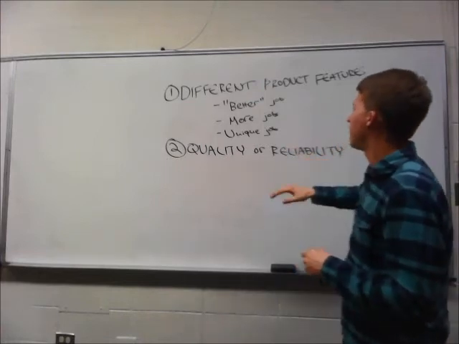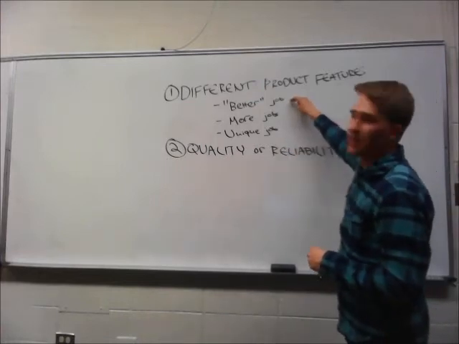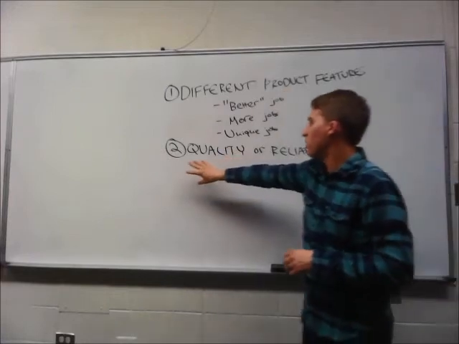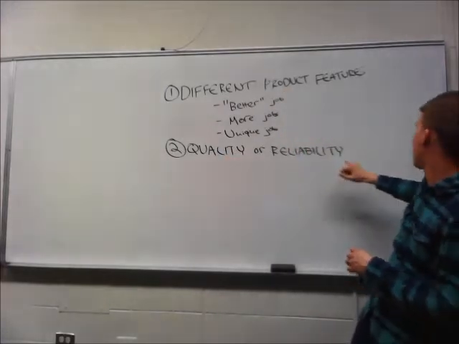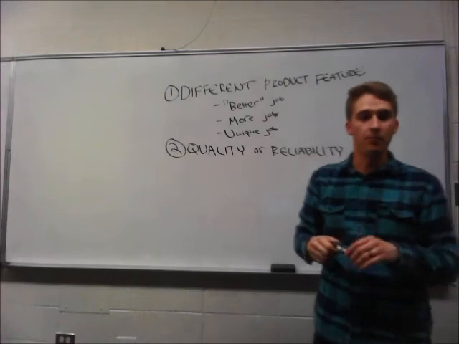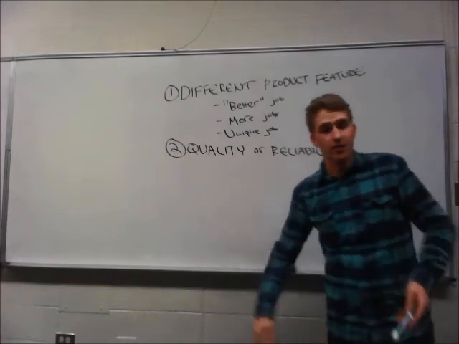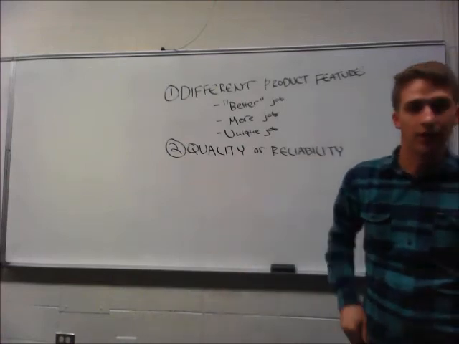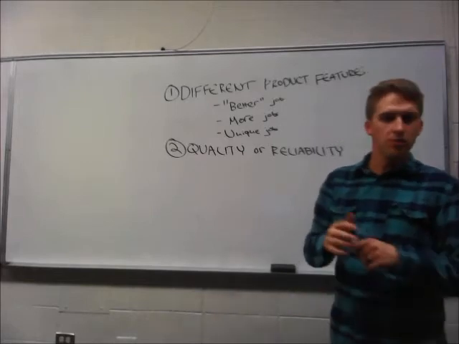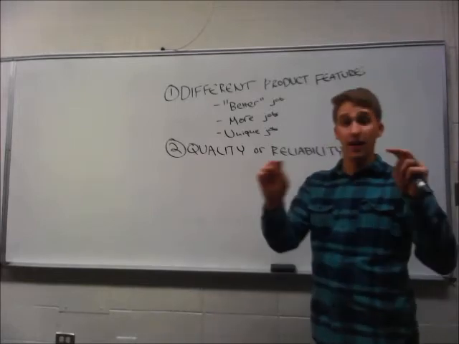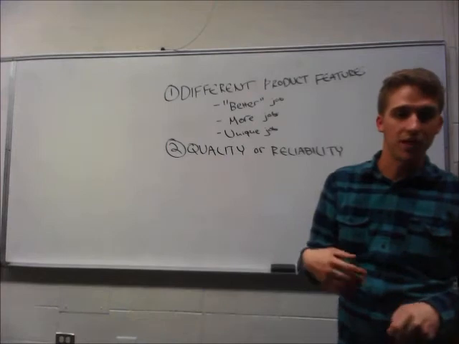You could kind of make the argument that it does a better job, but when we're talking quality or reliability, we're talking specifically about lasting. Dyson vacuum cleaners last longer. They may not be the most powerful vacuum, but they last for years and years, and that's what they market.